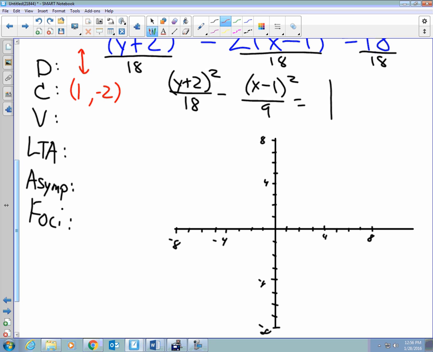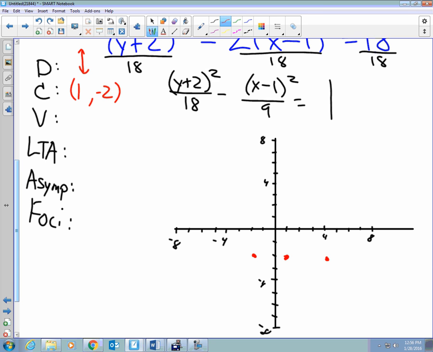Okay, so the center is 1, negative 2. How many units do I go in the x direction? 3. How many units do I go in the y direction?